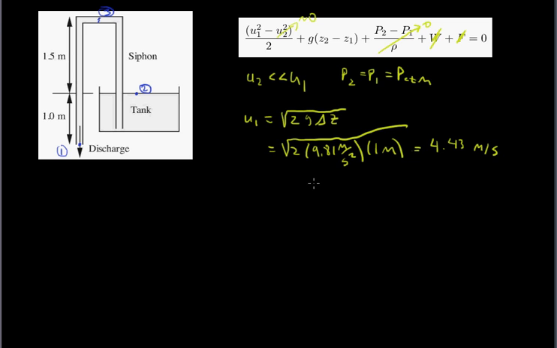Alright, so now we want to figure out where in the system the lowest pressure is going to be. We already kind of intuitively figured that out, but let's go ahead and show it mathematically. So let's compare point 1 and point 3, and we're just going to use the Bernoulli equation again.